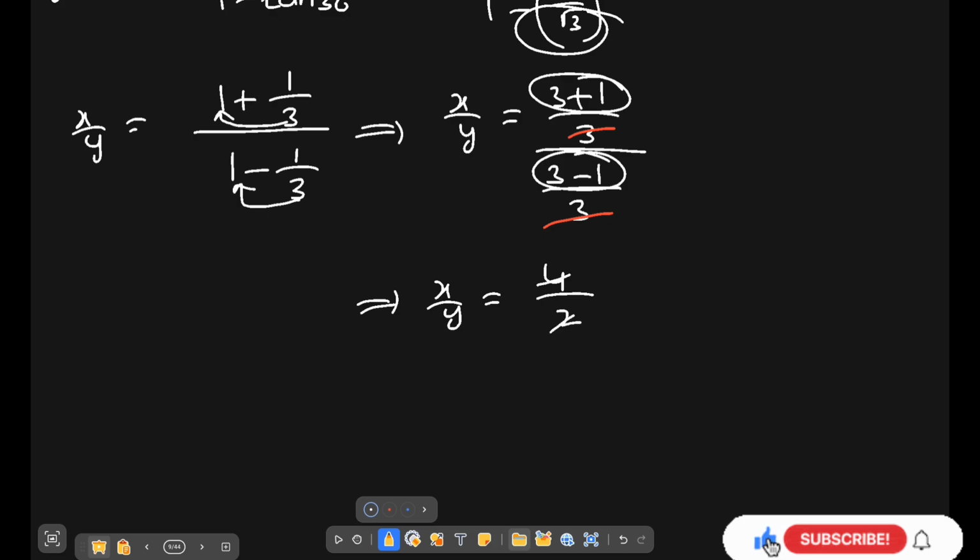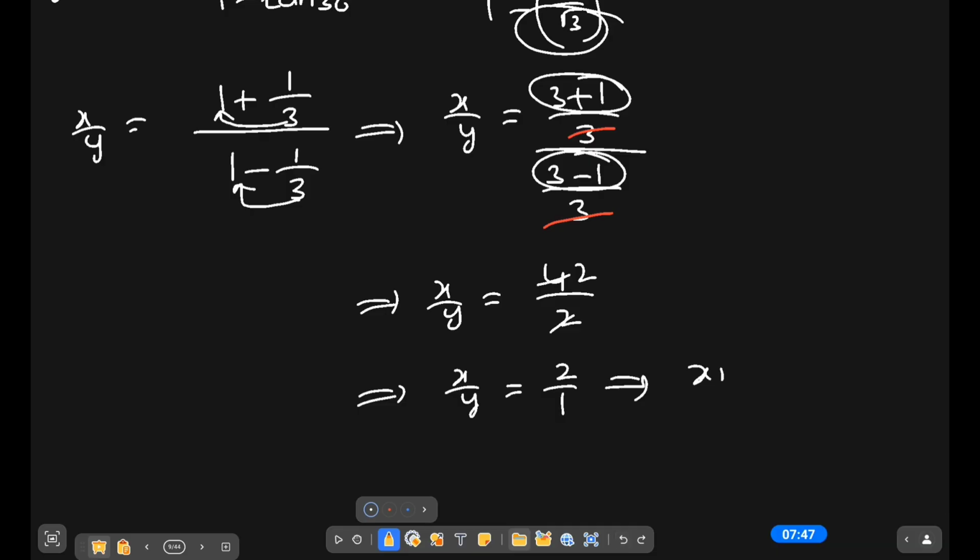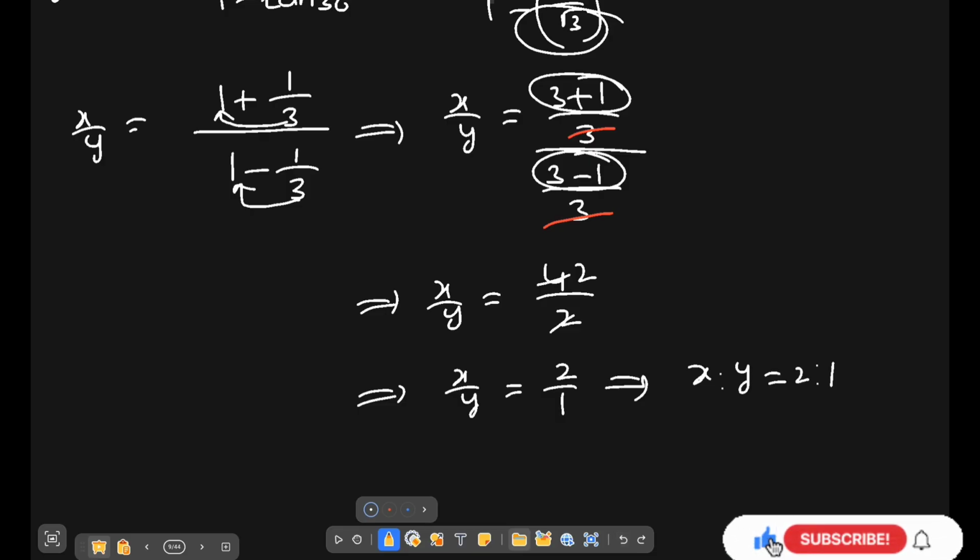So 2 ones are 2, 2 twos are 4. So now x by y is equal to 2 by 1. Otherwise we can write it as x is to y. So x is to y is equal to 2 is to 1.